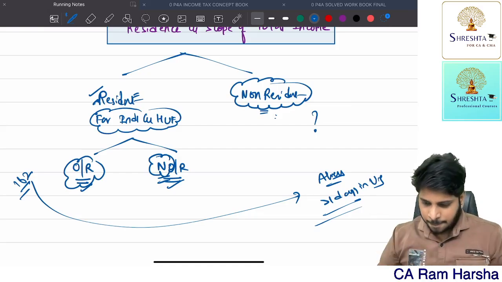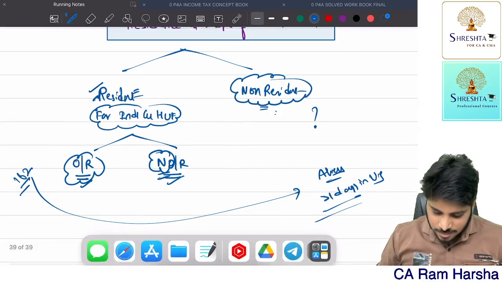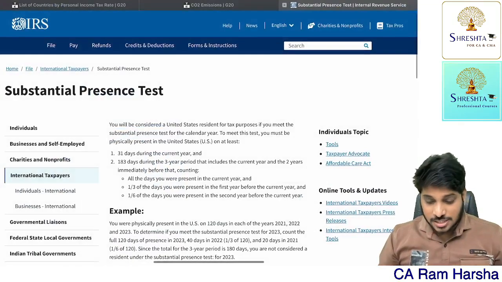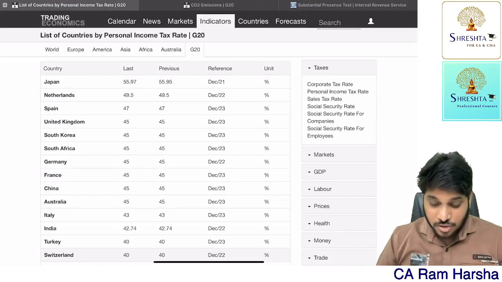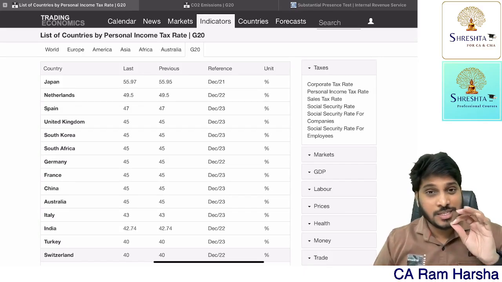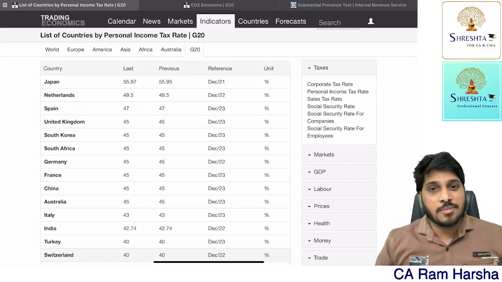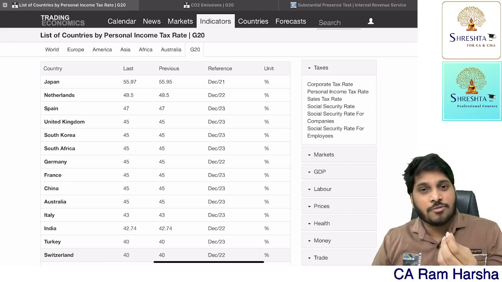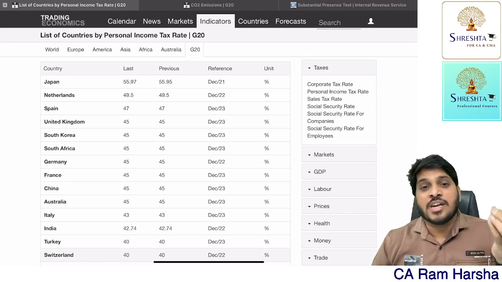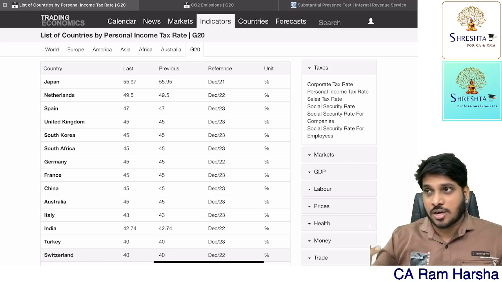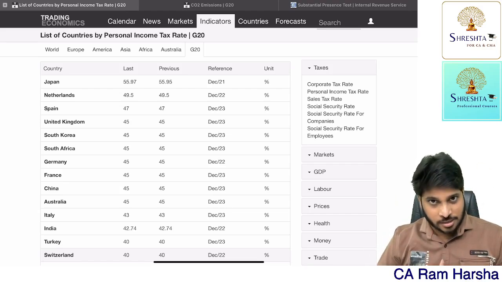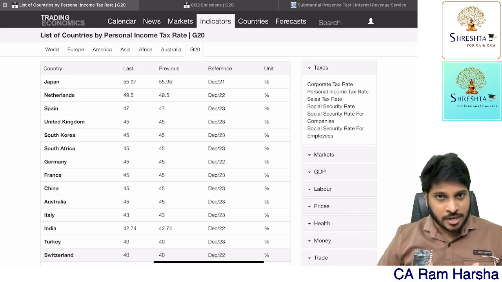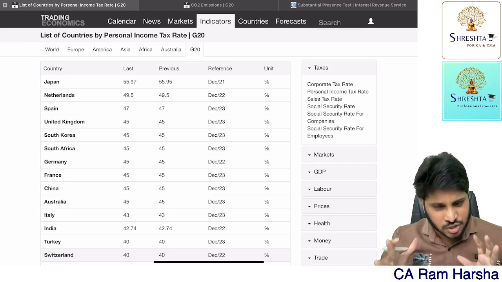Now, before I start the discussion on all these things, let us first look at G20 countries. What is it? Global 20 countries. G20 is a group of 19 countries plus the European Union. European Union means almost 27 states in Europe, like Germany, France, Austria.